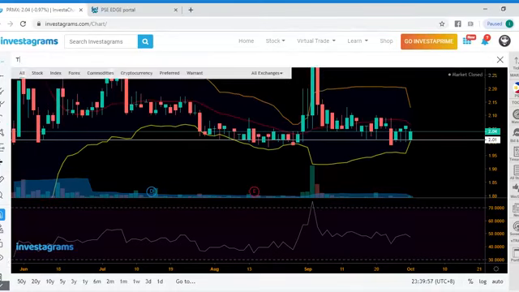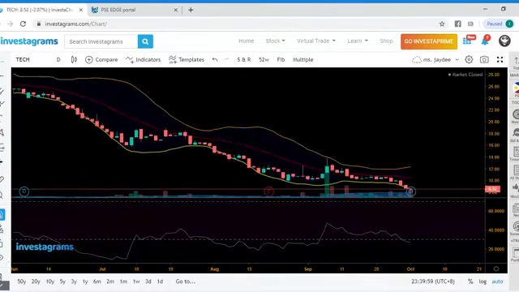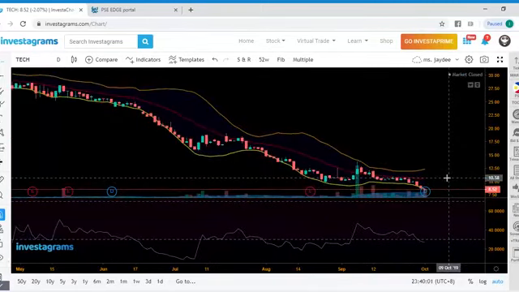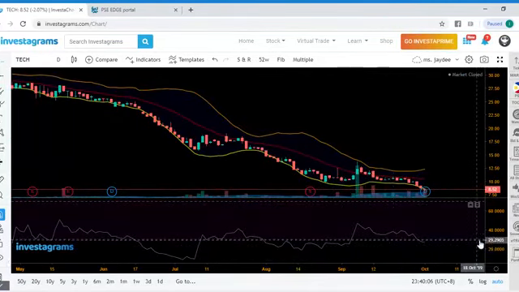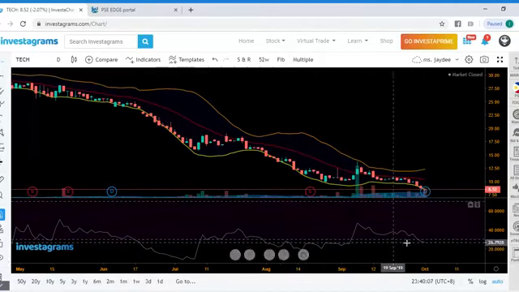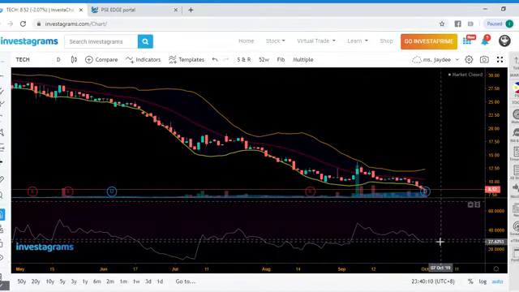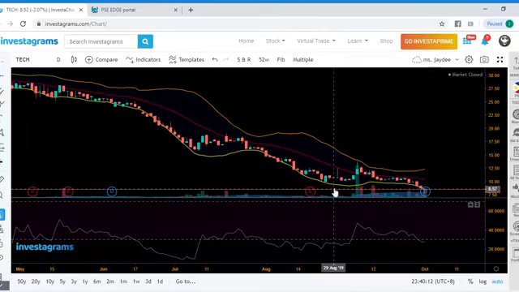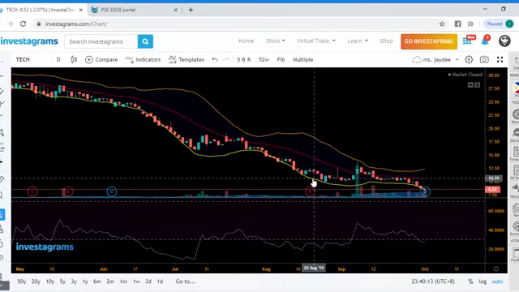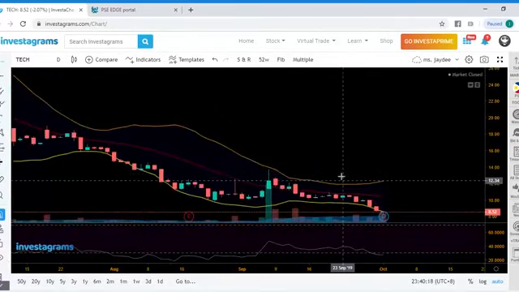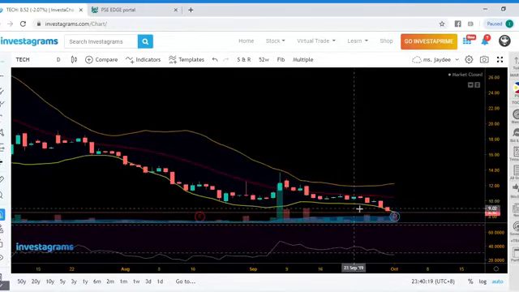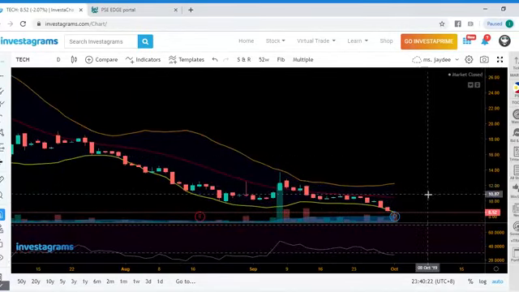Tech. Okay, tech is still okay. Most of the happenings here are you're now in the oversold area, right? Currently, it's sitting at the 27 level. If you are to zoom out, it's giving us that downward direction, right?